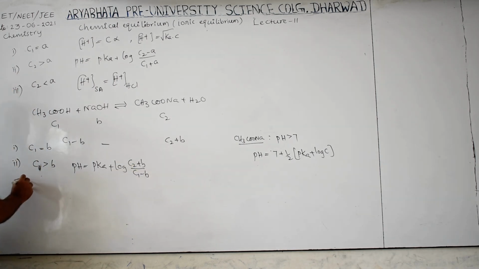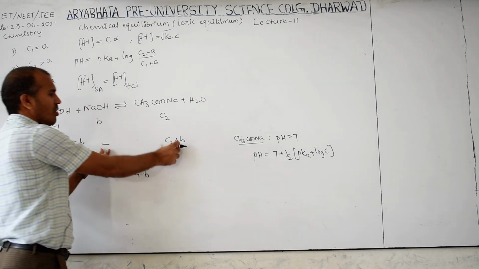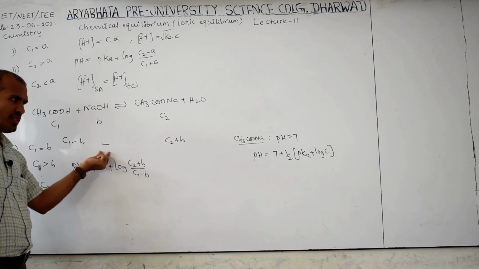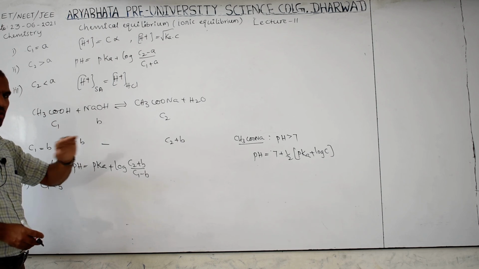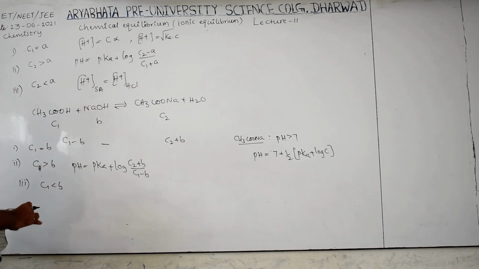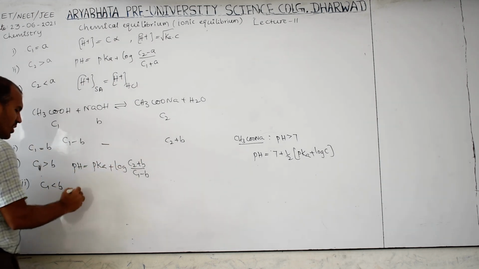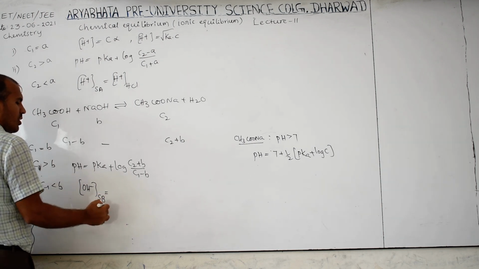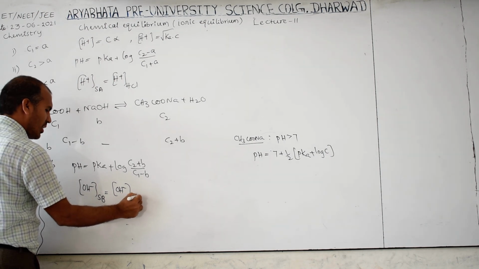Third case, what is the formula? C1 is the limiting reagent, less than B. Then base and salt will be there. But the salt has nearly no effect on pH, so base is there, and since the base is more in amount and the salt is less, the OH minus ion concentration is equal to that of the strong base, that is NaOH in this case.